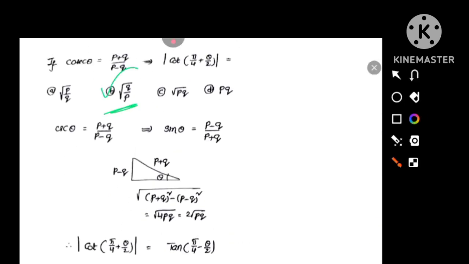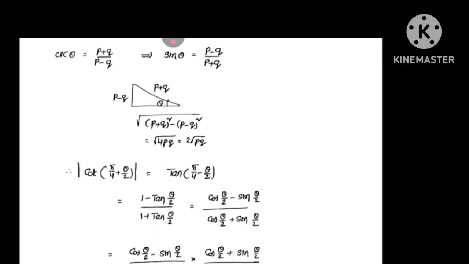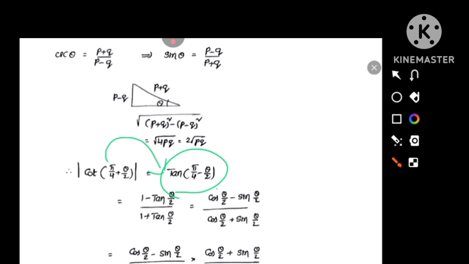Understand all of you? Very easy question. First, from the cosecant theta value, find the value of sine theta. Next, find the adjacent value, and then replace the formula like that. Convert the cot angle as tan angle, for easy calculation, I am just changing the formula like that. There is no other issue for this one.